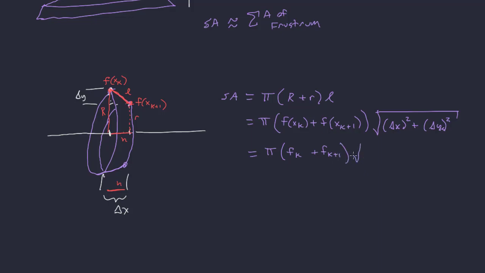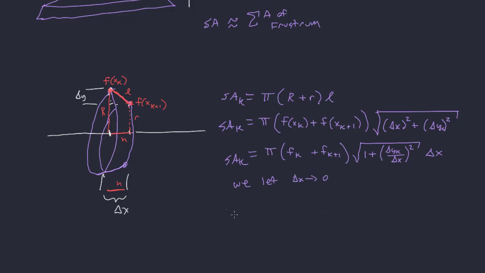And when we simplify this, it's the square root of 1 plus delta y sub k over delta x, all squared, with a delta x out here. So each one of these surface areas of the frustum, the surface area is approximately equal to the sum of all these. And we let delta x go to 0.